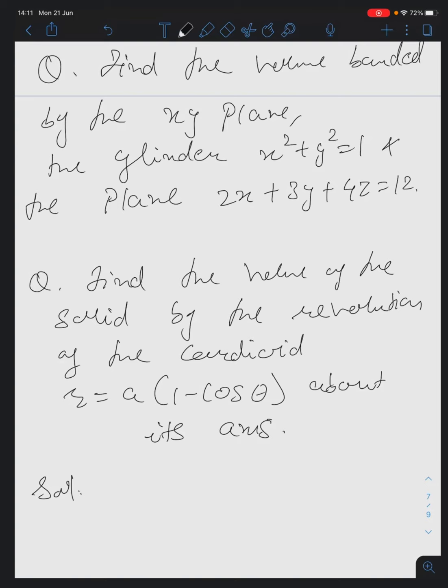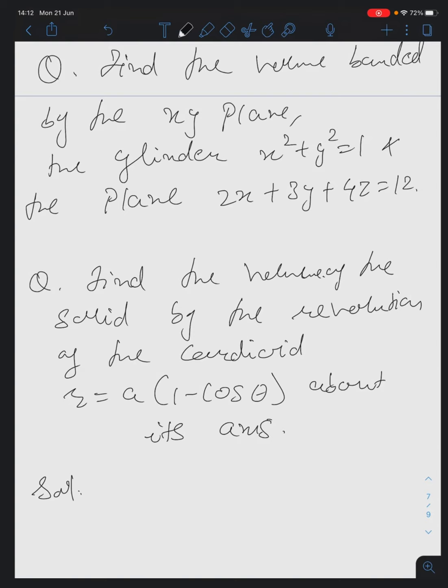Try to solve the next one. If you remember, volume by revolution of curves, last semester we have learned, na? You remember that?